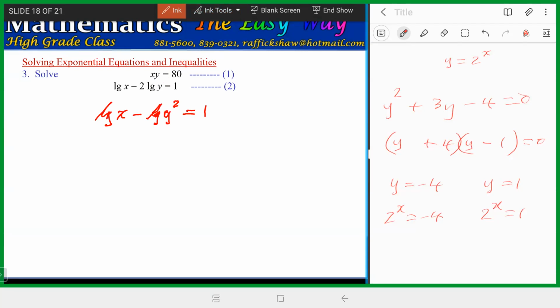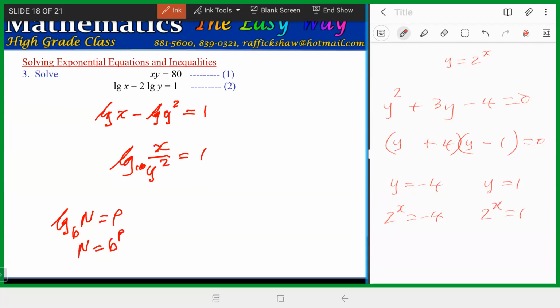So we're going to the division law now. This becomes log of x over y squared equals 1. Remember that lg is base 10. So we have brought it down to what we wanted: log of a number to a base equals a power, so the number is equal to the base raised to the power.